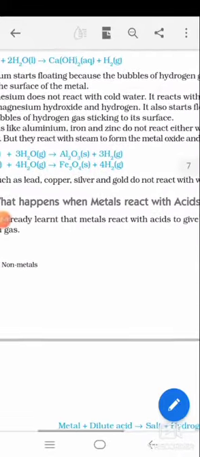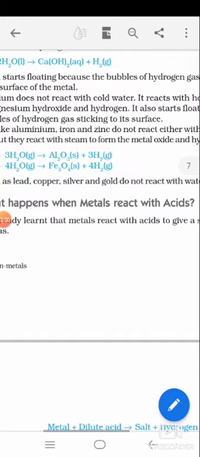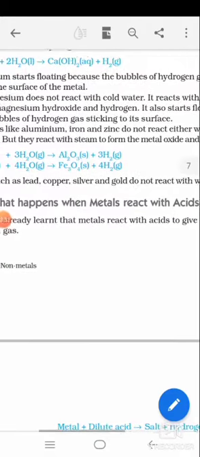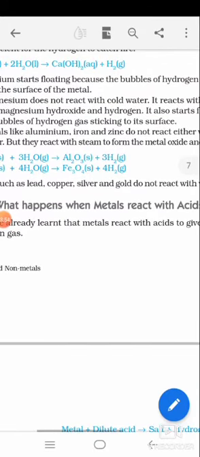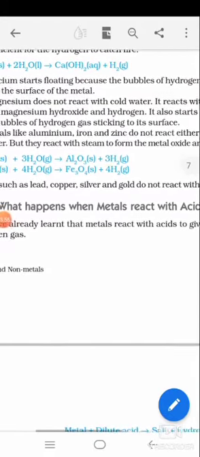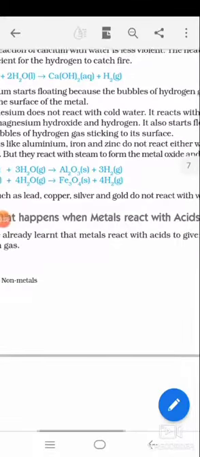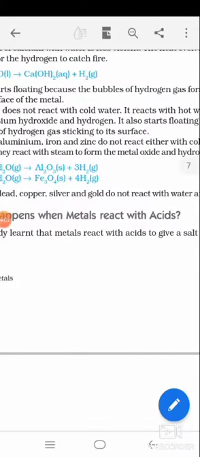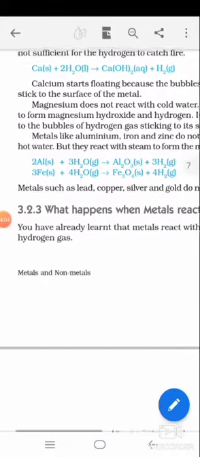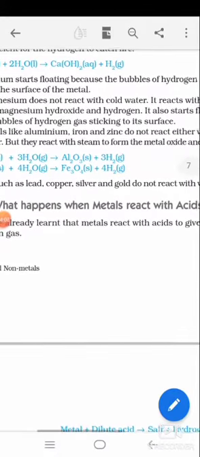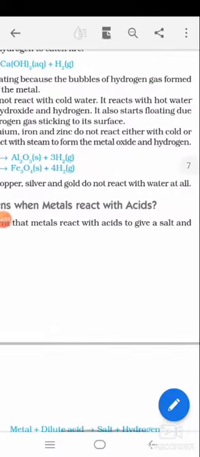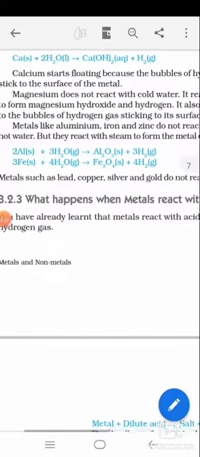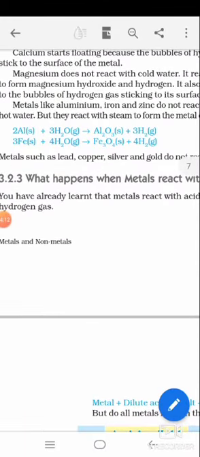Now, magnesium does not react with cold water. So you studied the reaction of metals with water: sodium and potassium react highly, calcium is less reactive, and magnesium does not react with cold water. It reacts with hot water only, to form magnesium hydroxide and hydrogen. It also starts floating due to the bubbles of hydrogen gas sticking to the surface.